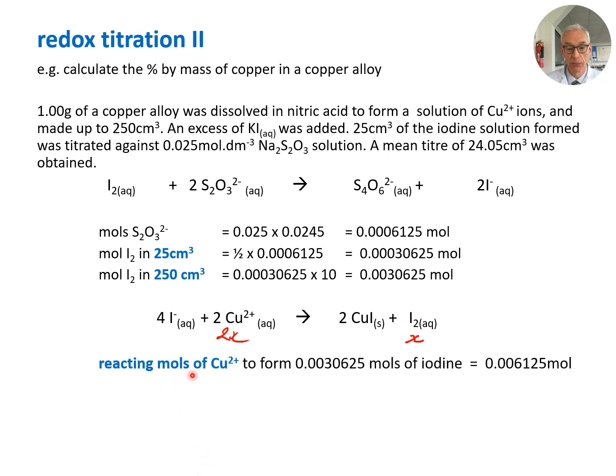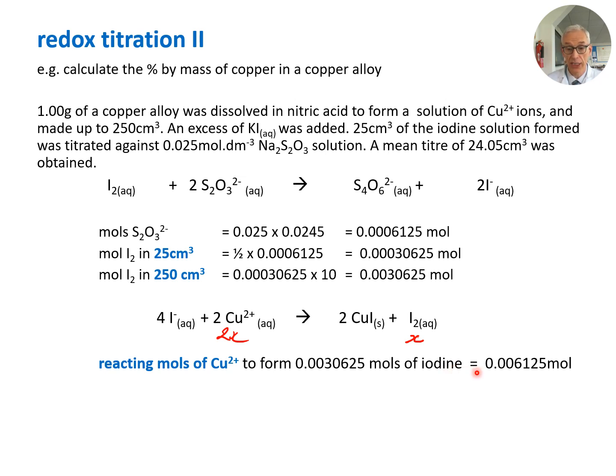So the reacting moles of copper to form this number of moles of iodine is 2 times that number, which is 0.006125 moles. So it's 1 to 2 in this equation. So the reacting moles of copper is twice the moles of iodine in 250.